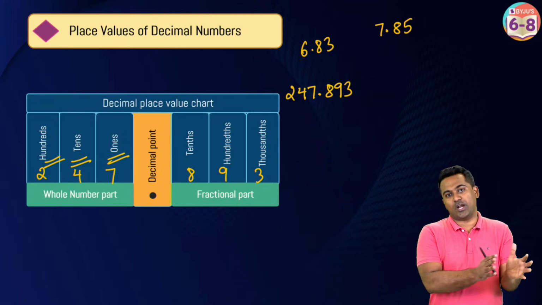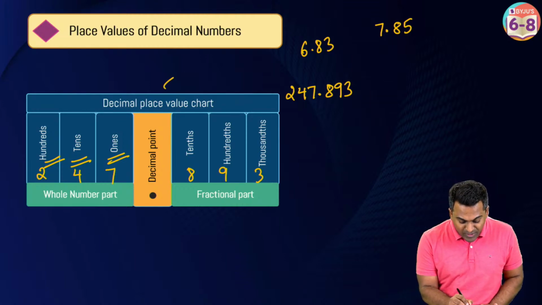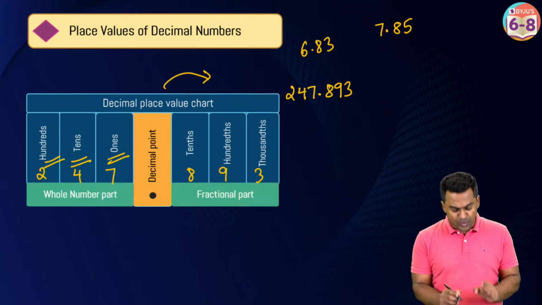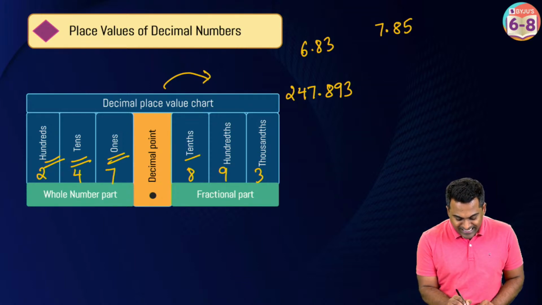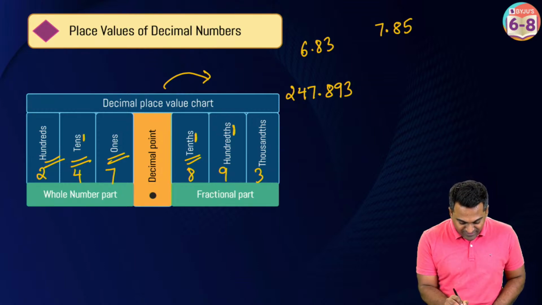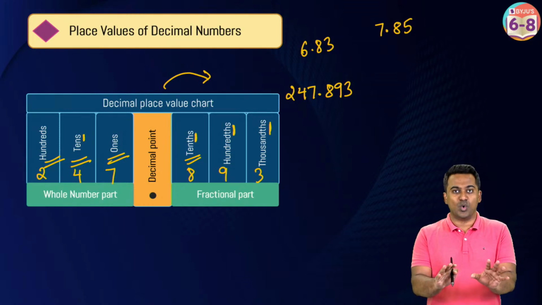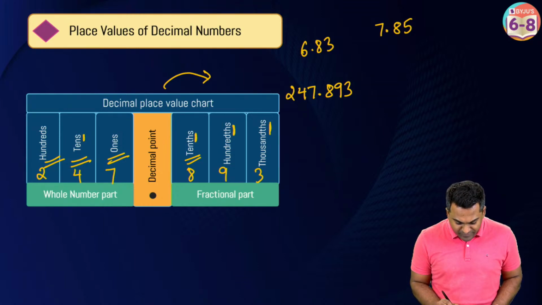It's going to go on and on. And to the right hand side of the decimal point, this is how you progress. This is going to be the digit at the tenths place, notice the THS. And then after that the hundredths place, then the thousandths place, then the ten-thousandths place, and so on.